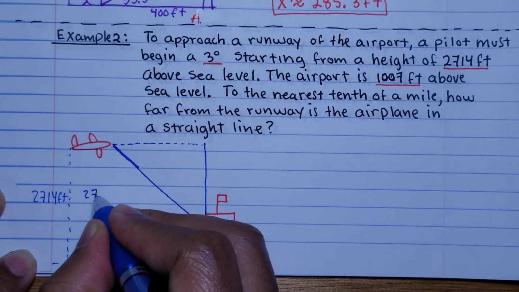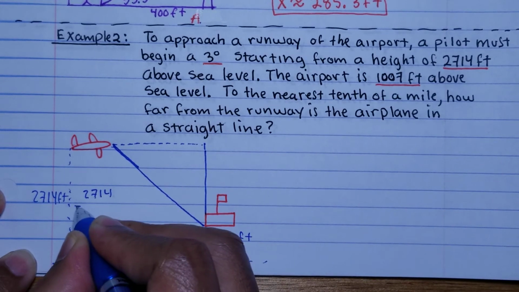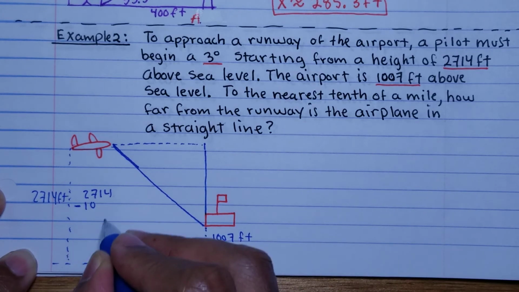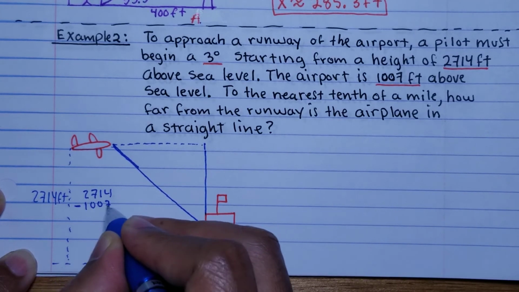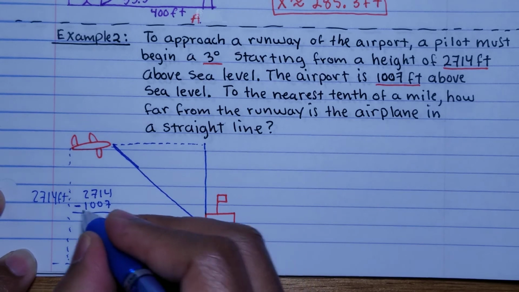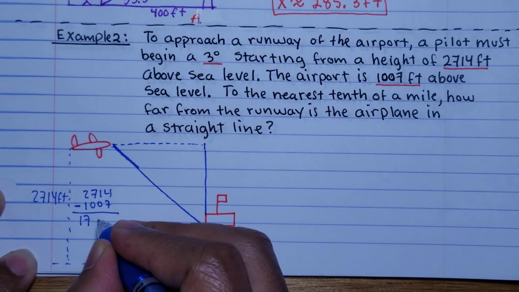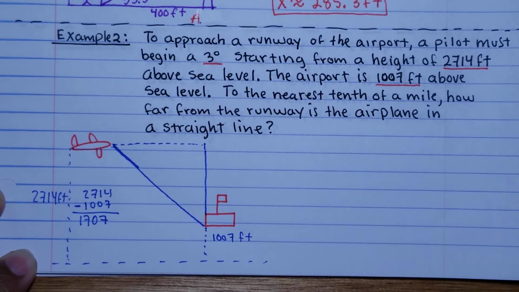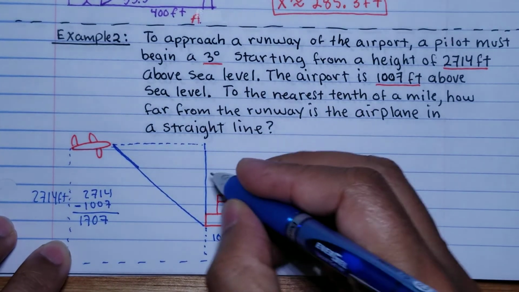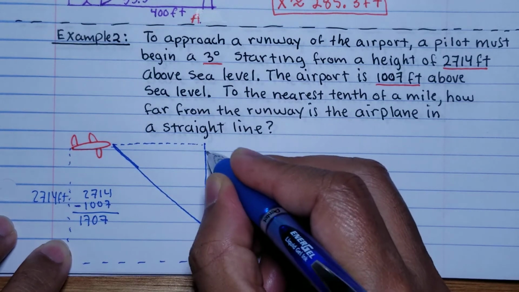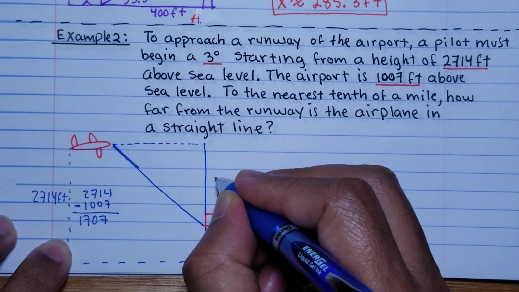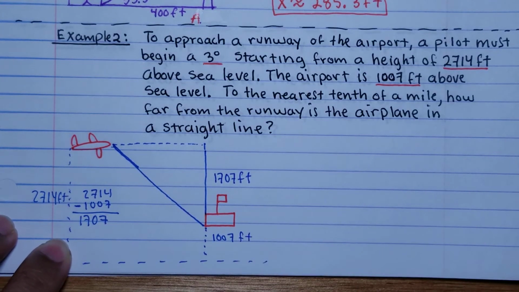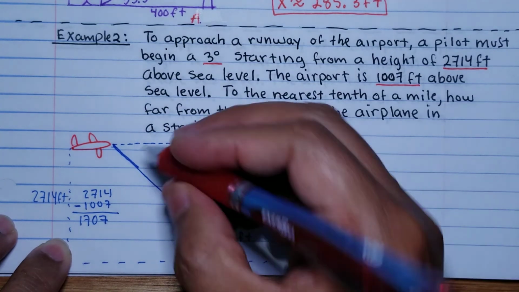So if I subtract 1,007 from 2,714, I'm left with 1,707. Okay, so this means that this distance from here to here is 1,707 feet. And what they want us to find is, what if this airplane was able to go down in a straight line, which airplanes are able to.